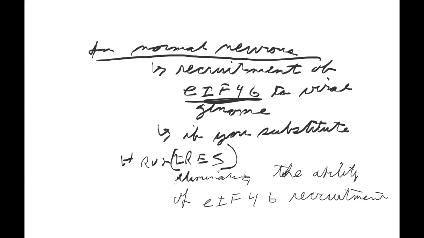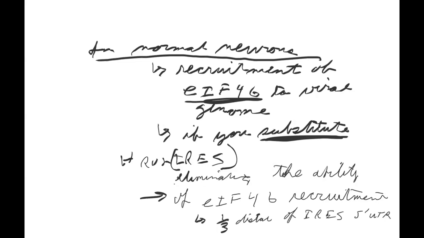And this modification, this substitution, is in what is called the distal one third of the IRES in the 5' UTR, and this is in domains 5 and 6.